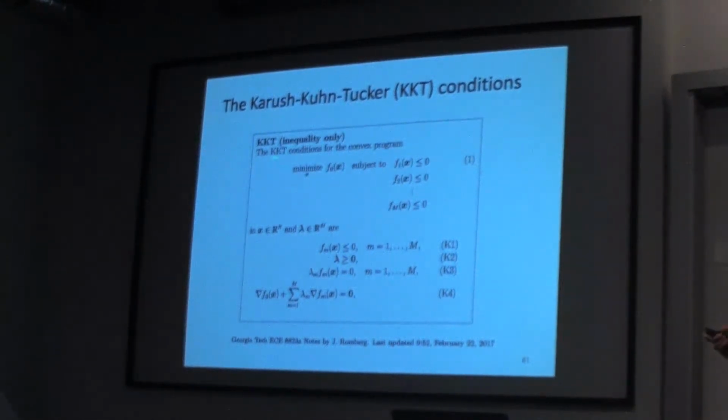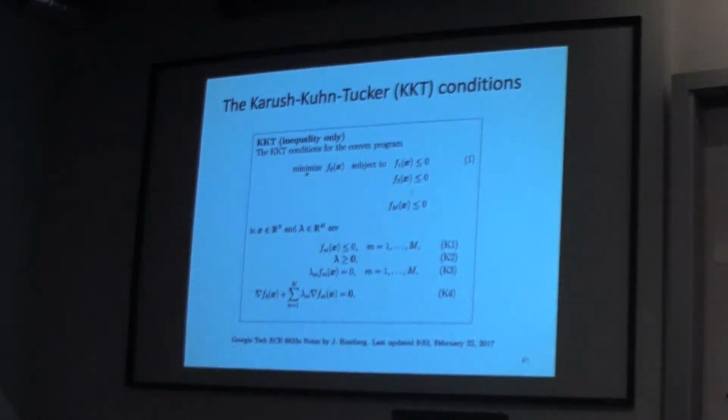By the way, here we just restrict to convex optimization problems, namely all the objective function and constraints are convex, but there are general KKT conditions for arbitrary constrained optimization problems. My objective function is f0, and I have big M constraints, which are represented by f1(x) less than or equal to 0 to fM(x) less than or equal to 0.